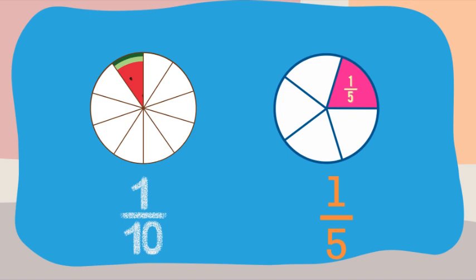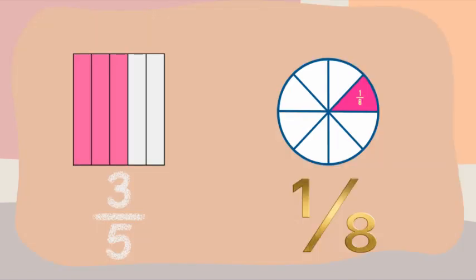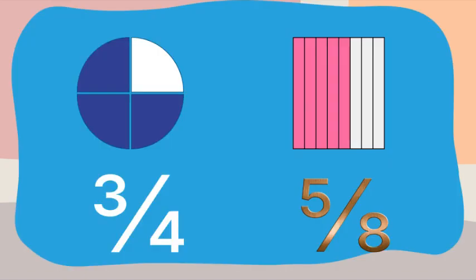Another example is 3/5, five parts, three shaded regions, as represented by the purple section. 1/8, eight parts, one shaded region. We also have 3/4, four parts, and we have three shaded regions represented by the purple section. And also 5/8, eight parts, five shaded regions, two unshaded.